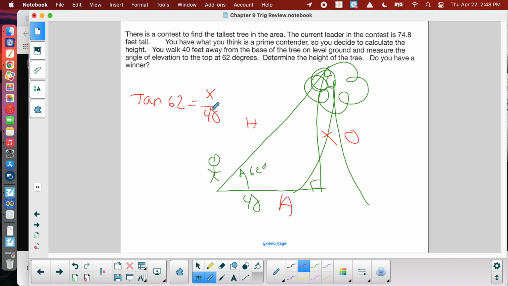So 40 times tan 62, you wind up at 75.2 feet, and you got yourself a winner. This is a 40, by the way, not a 48. Again, I'm still not a fan of the Promethean board writing. 75.2, you're winning. So if you put 75.2 divided by 40, would it be the same answer as tan 62? Yes.